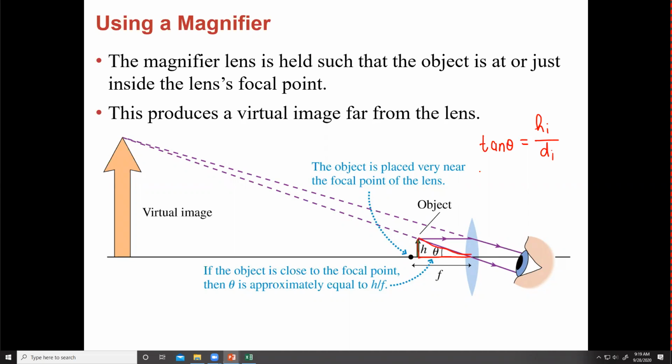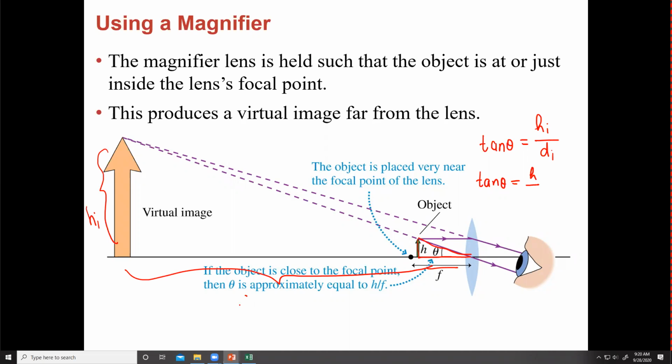So you can use either the big triangle or the small triangle. This would give you h. H is the height of the object. Now see the difference when you consider the bigger triangle. Tan theta is given by this height, which is the height of image, and this distance, which we call di.